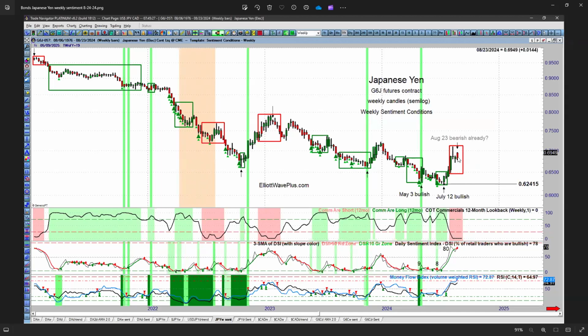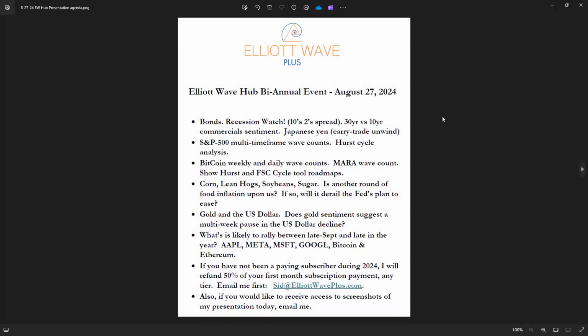Well, if that unwinds, and it looks like it's going to, that is going to be trouble for the Mag 7 stocks. So that is the bond portion of my presentation.